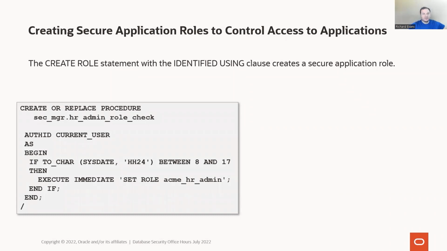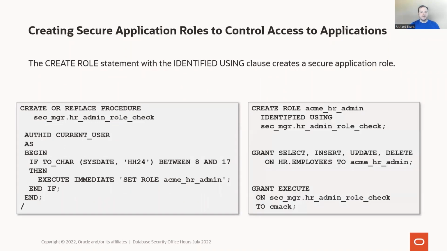This HR admin role check procedure is just going to look at the date to see if you're between 8 and 5 p.m. database time. If you are, then you're going to set the role for HR admin. So maybe we have a requirement that our workers only do this work between 8 and 5. Okay. We're going to create that role identified using this procedure.